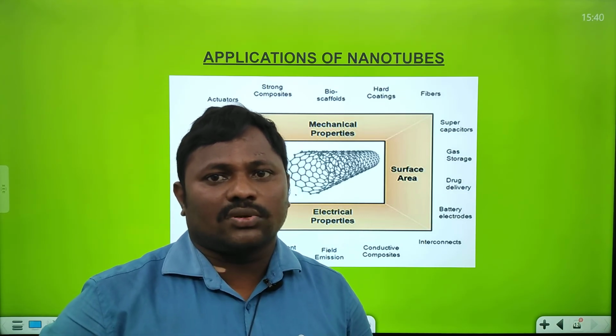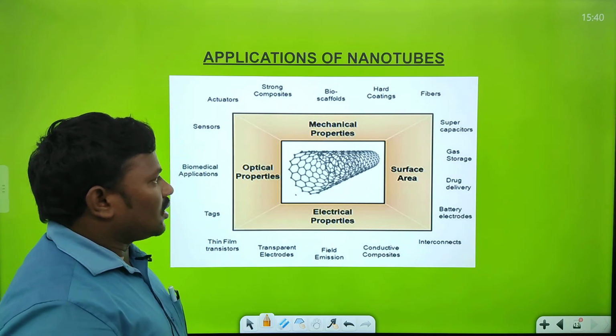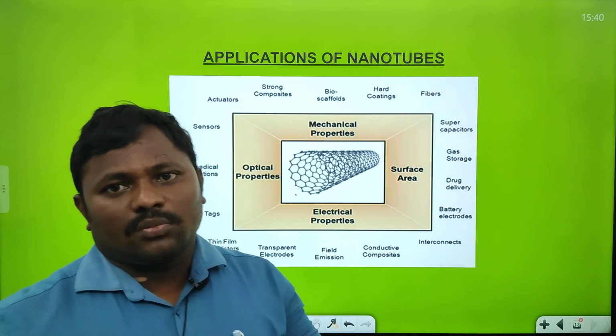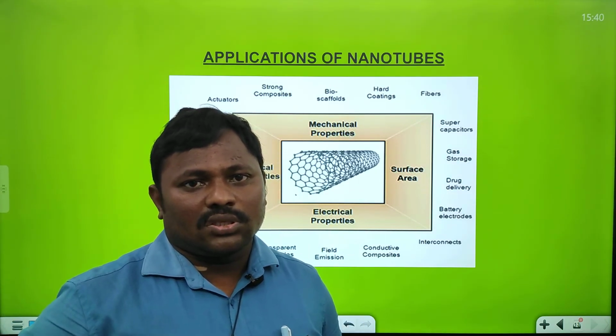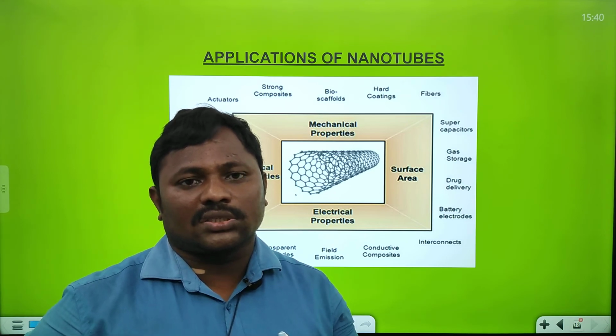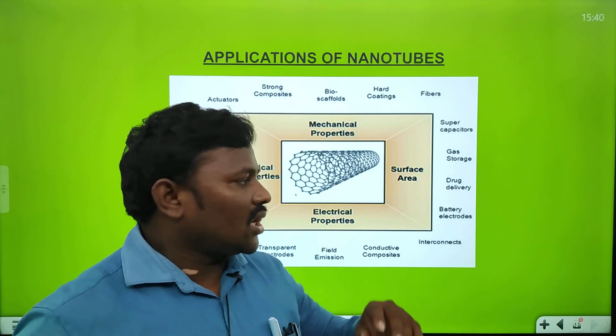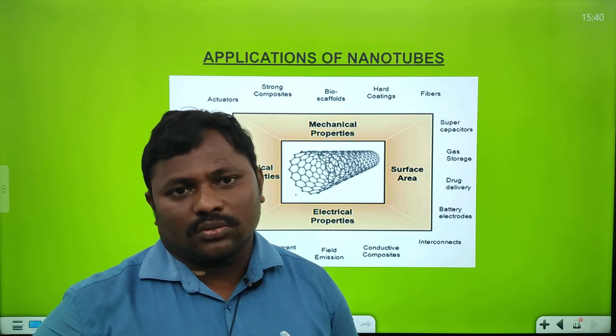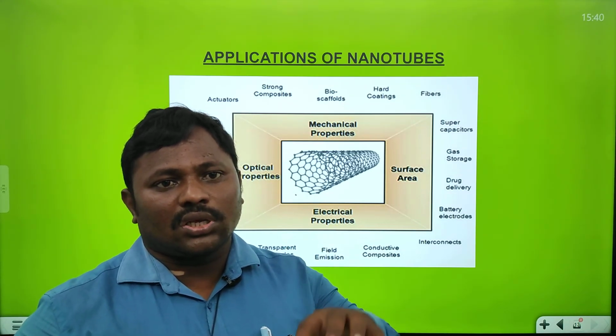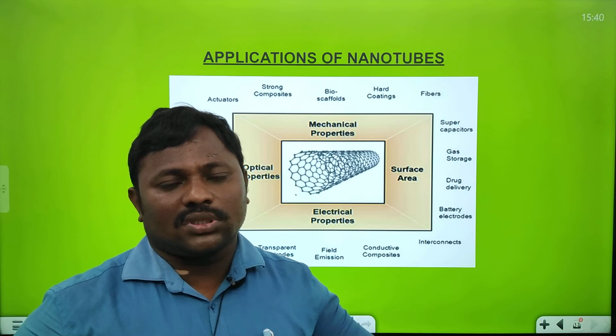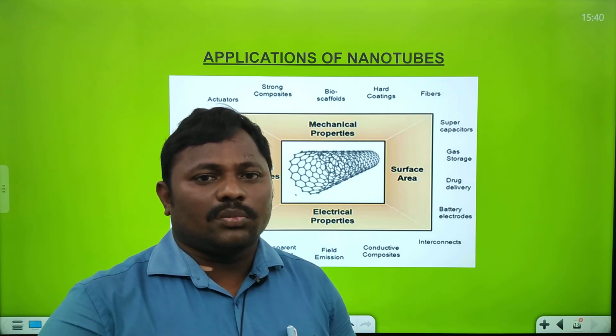For the crystalline ones we see graphite, diamond and Buckminster fullerene. Folding graphite layers also gives nanotubes. These are the applications and usages of nanotubes and Buckminster fullerene.